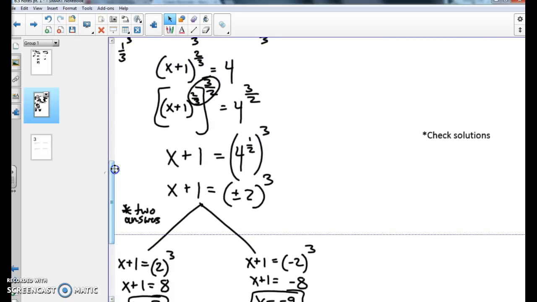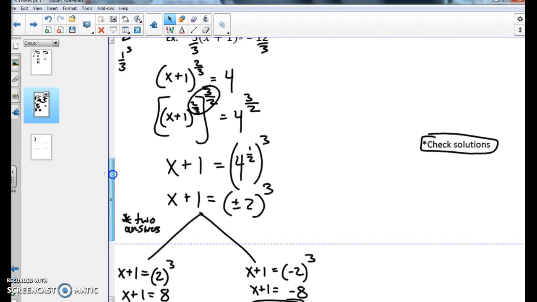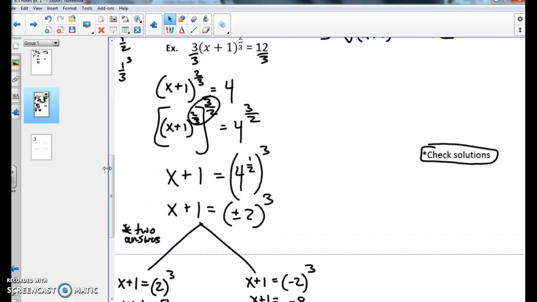Now, it does tell me over here that I'm going to want to check my solutions. We've done this before earlier in the year, right? Checking solutions. So I'm going to check, first of all, when x is 7. That means I'm plugging 7 in for x into the original equation.